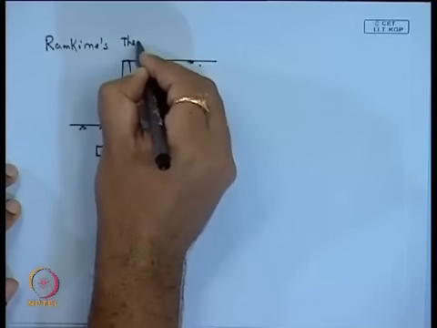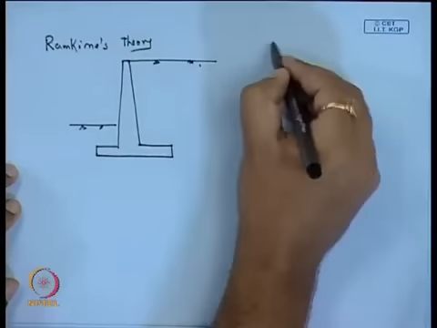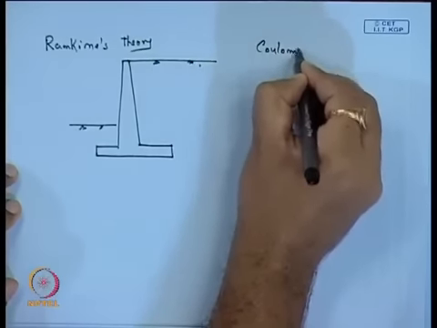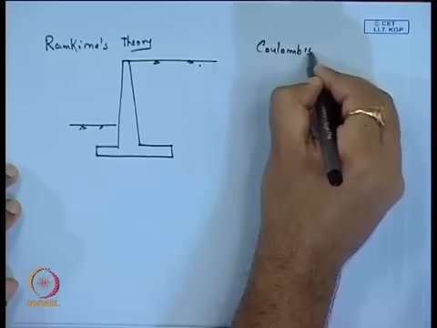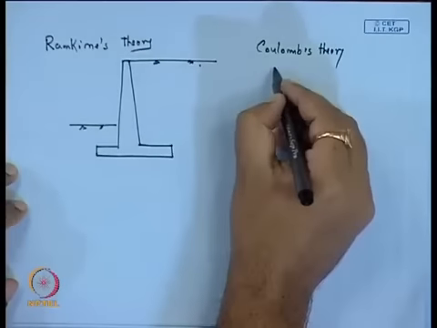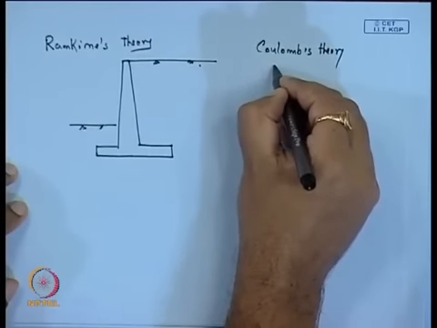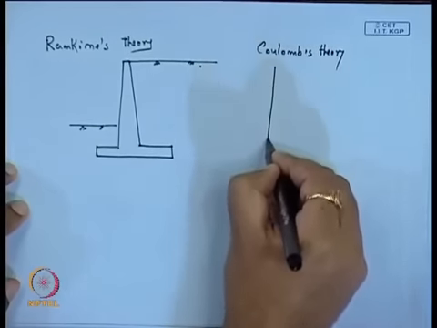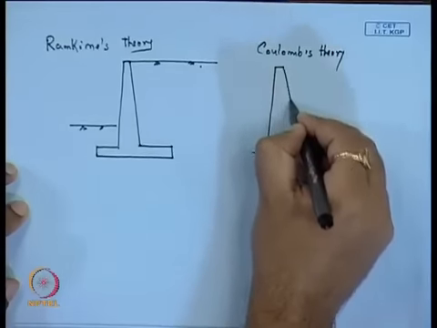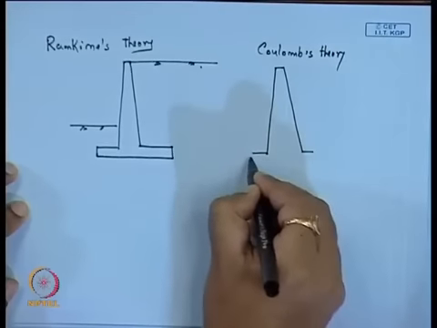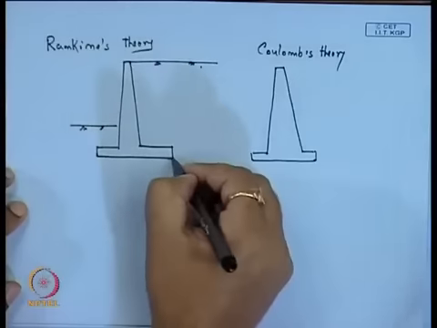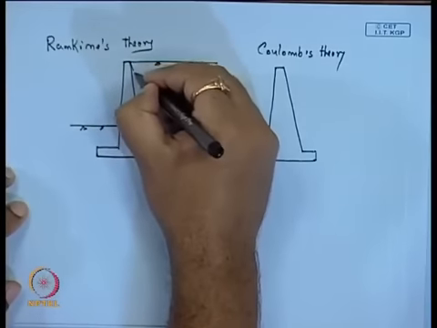And next one, if I use the Coulomb's theory. So, the same retaining wall if I consider for the Coulomb's theory, for the different forces that you have to consider, again if I join this point.